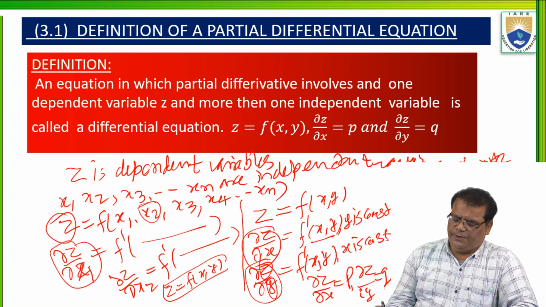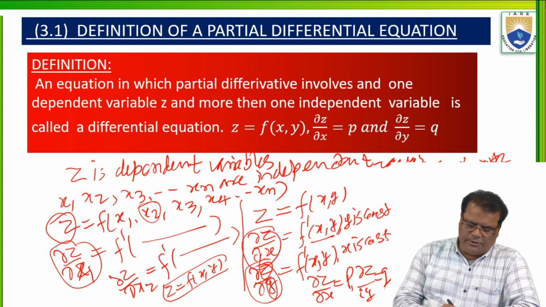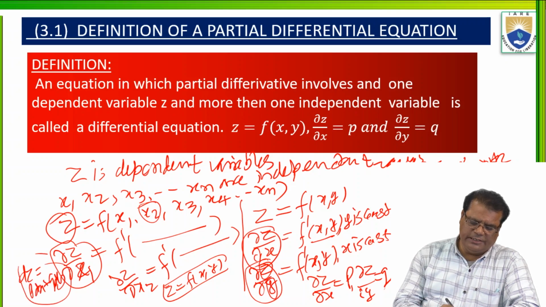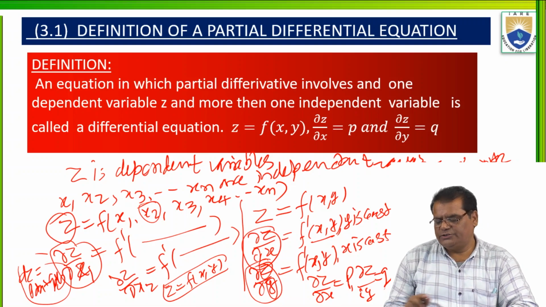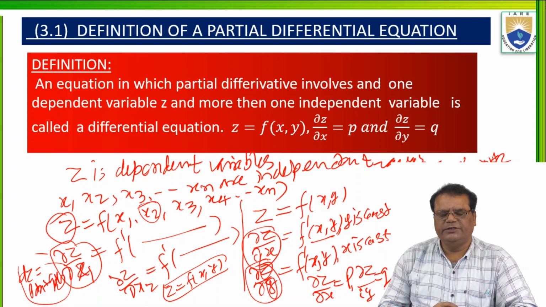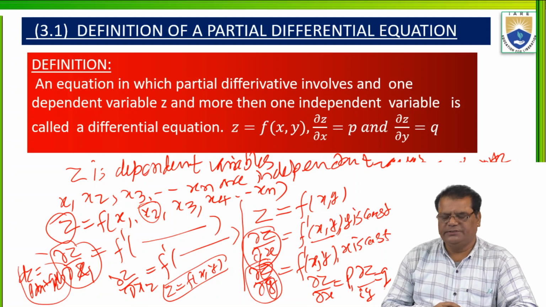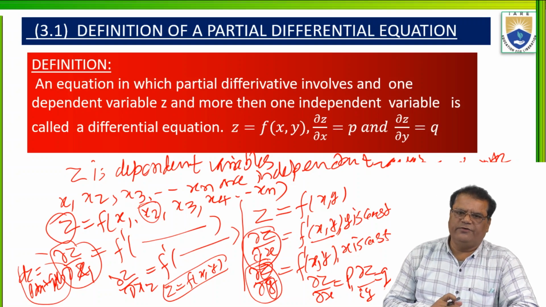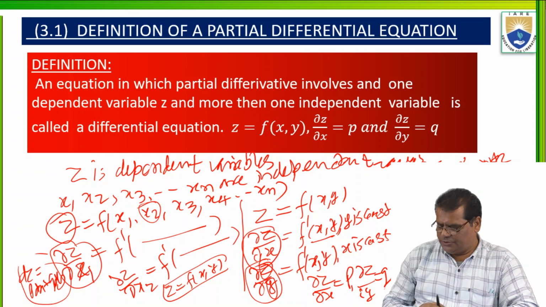So this is p dx, this is q dy. So dz equals p dx plus q dy. This is known as Euler's differential equation, that is, a partial differential equation of first order.